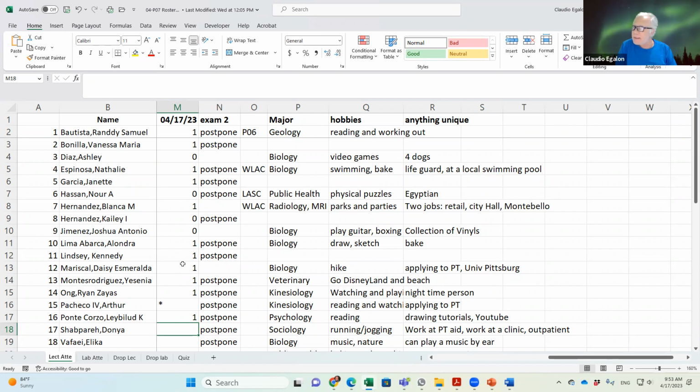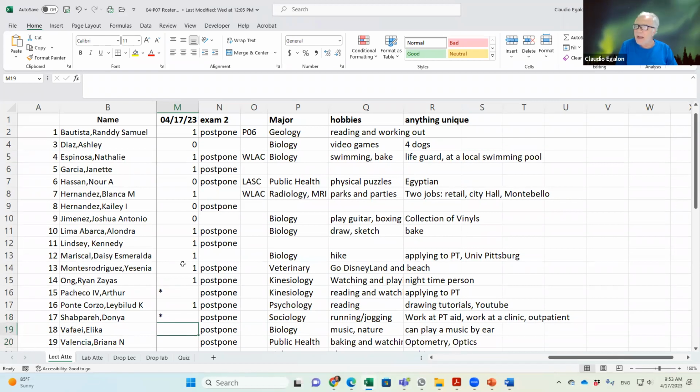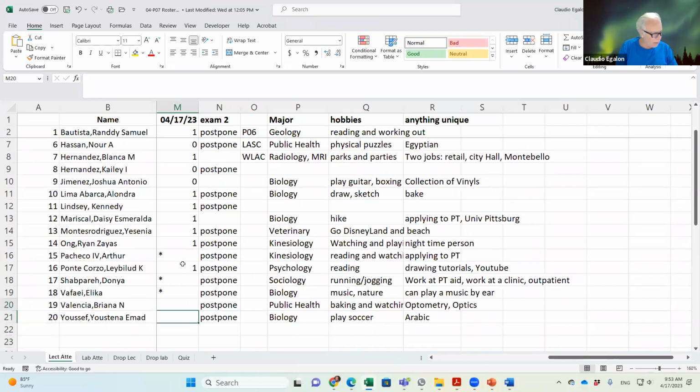Hi, Donia. Cannot hear you. I'm going to put a star on Donia as well. Elika? I see Elika as well. Either talk through the mic or type in the chat box. I can't hear anything from Elika, so I'll put a star here too. Brianna. Thank you, Brianna.